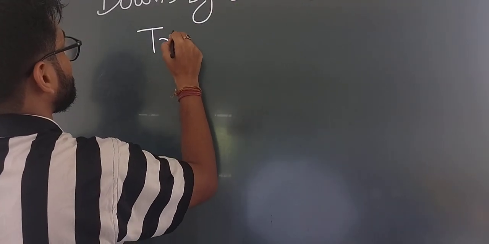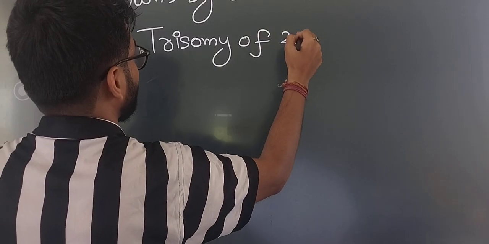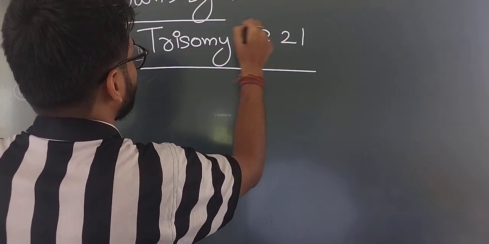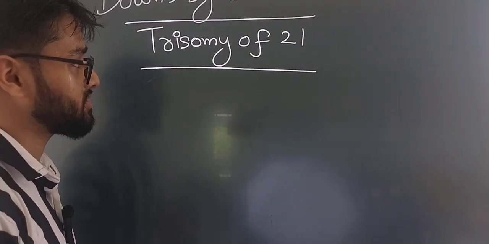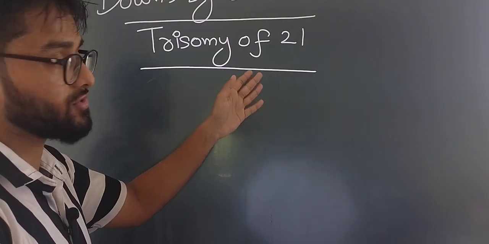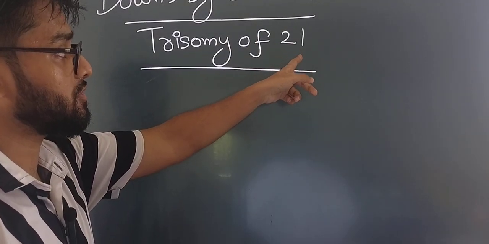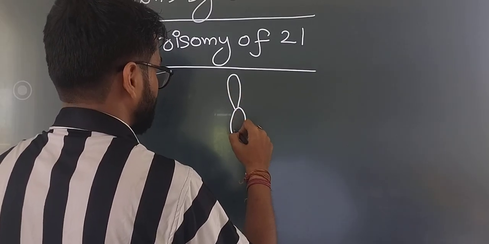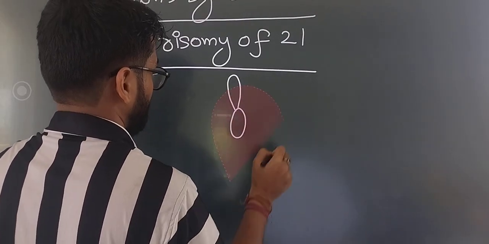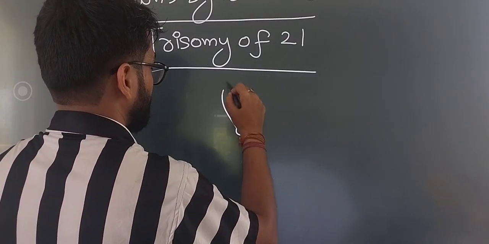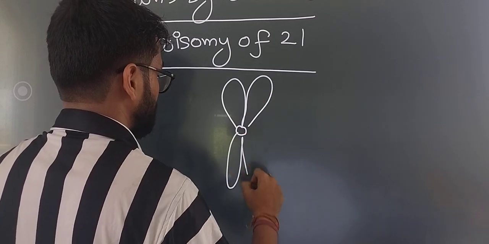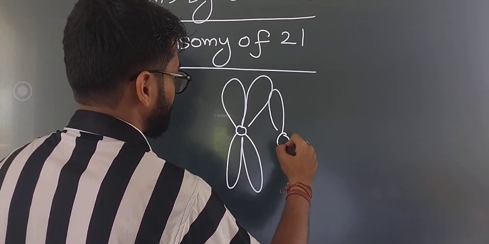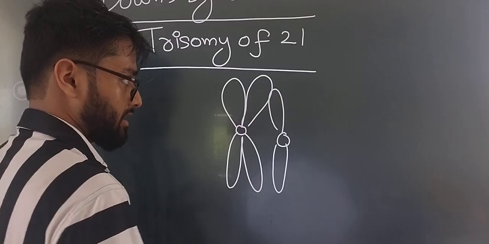Okay, what is trisomy now? You know. Trisomy is simply the addition of a chromosome. Since we are talking about 21, that means the 21st chromosome will have another copy.